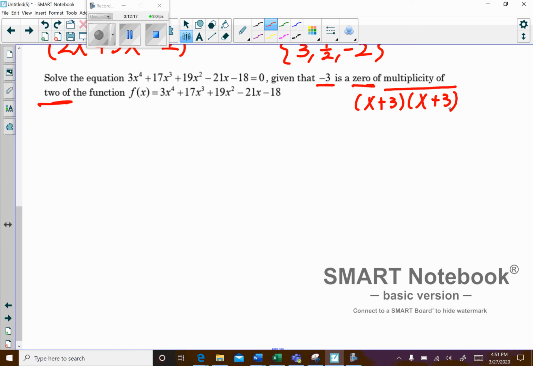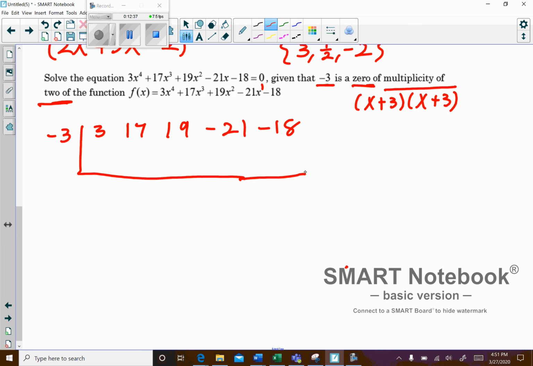Okay, so I'm going to break this down for us. So my magic number is going to be the negative 3. Now I'm going to go ahead and list my coefficients, and it doesn't look like I'm missing anything, so I don't have to have any placeholders. So let's see, we're going to have 3, 17, 19, negative 21, and negative 18.